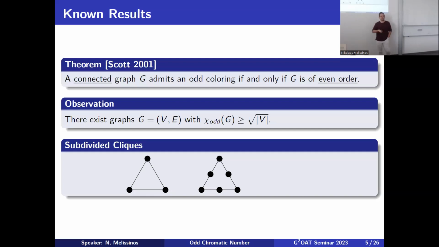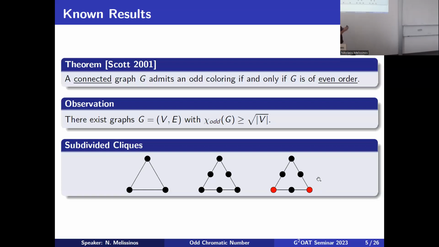Start from a clique, subdivide all the edges, and then you can observe that 2 of the original vertices cannot have the same color, because those subdivided vertices can either share a color with those 2 vertices and have degree 2, so it's never going to be odd colorable, or degree 0, so again it's never going to be odd colorable.